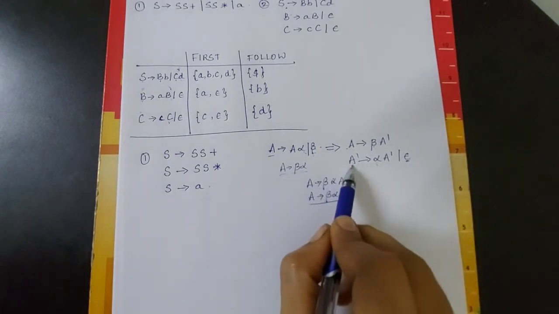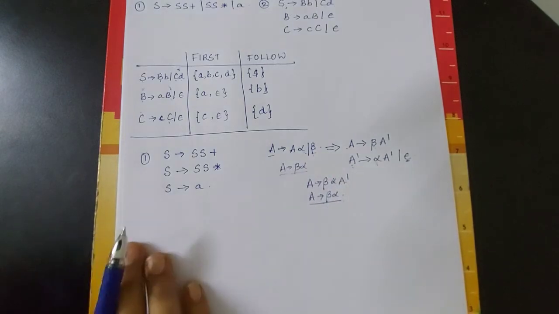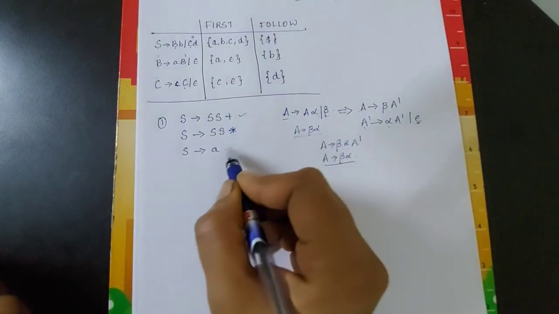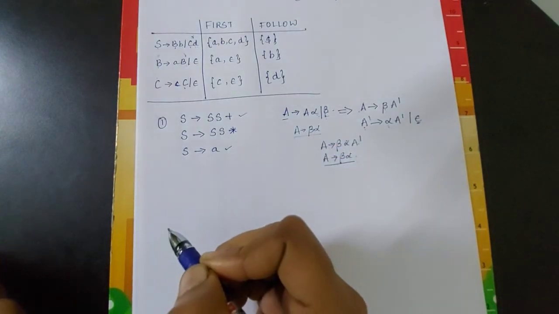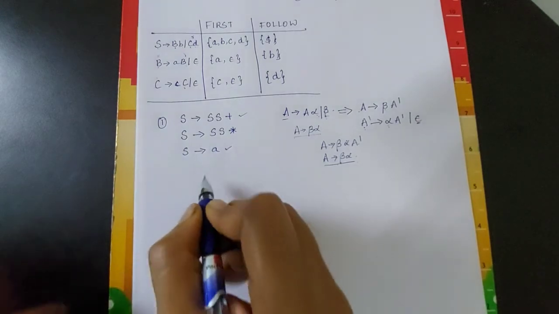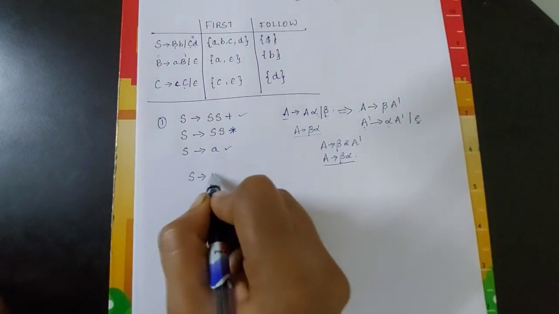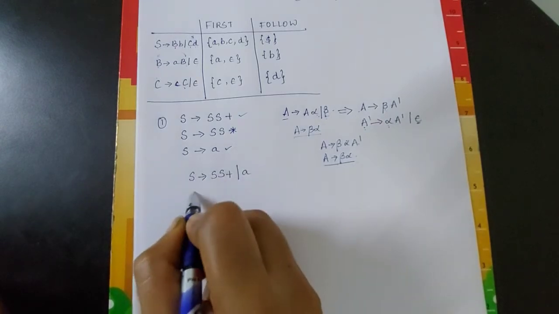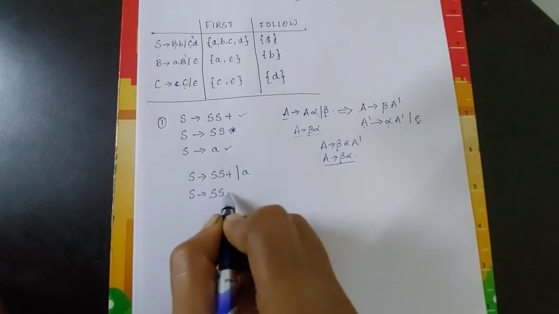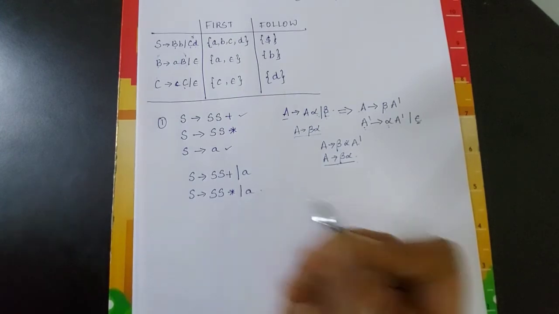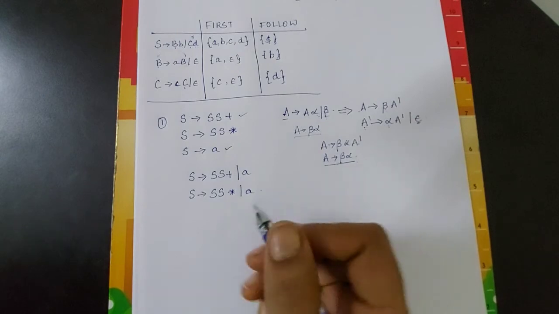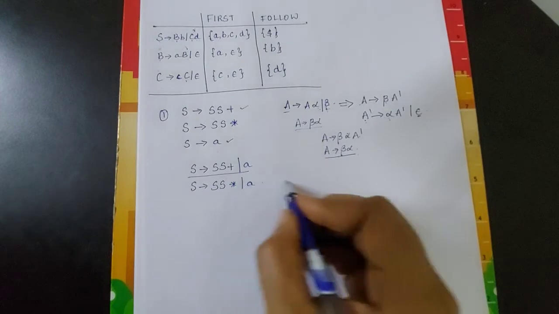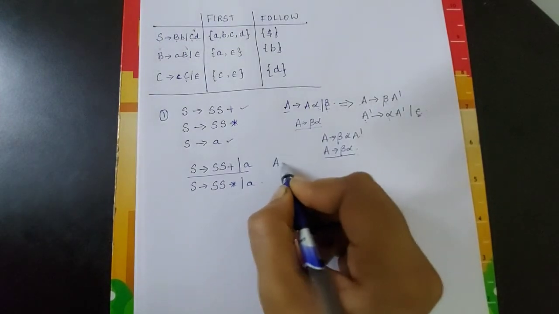So the same concept we will be applying over here to eliminate the left recursive property. So for that what I will do is take these two productions into consideration. So I will write it in this way. S derives SS plus or A. Okay, same thing I will apply. S derives SS star or A. I can write it in this way, right? So let me take the first production over here. This I can substitute over here.